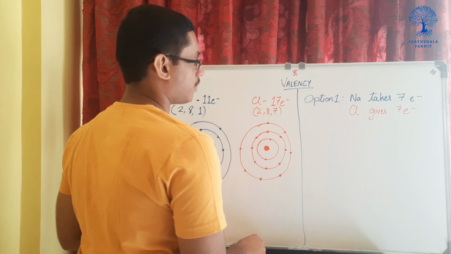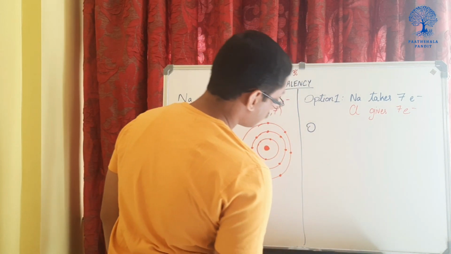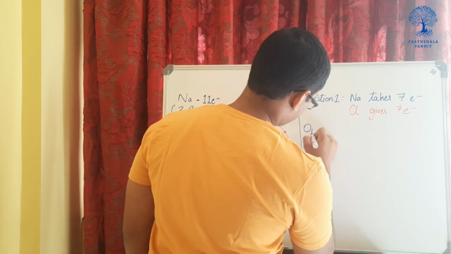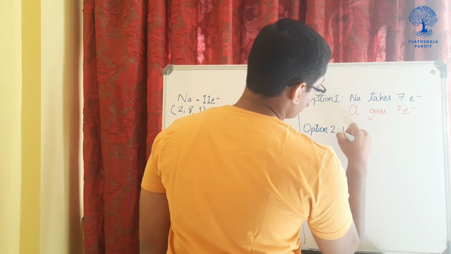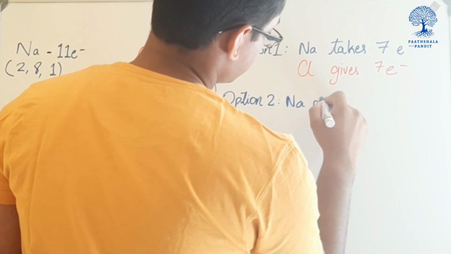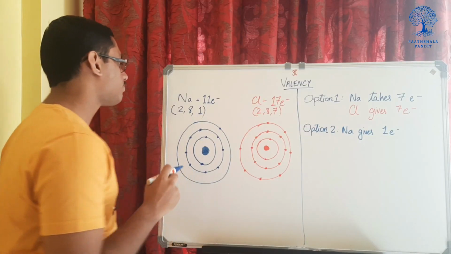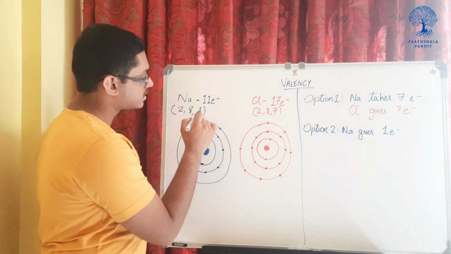Or we have another option. The second option is sodium gives 1 electron. Now see, if sodium is ready to give this 1 electron away, then this becomes 0.